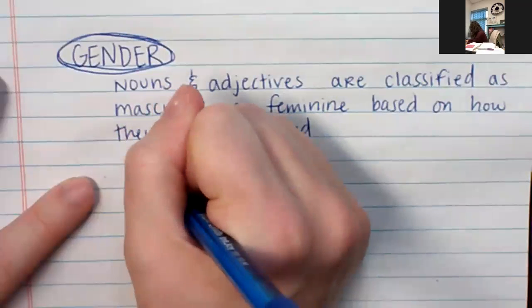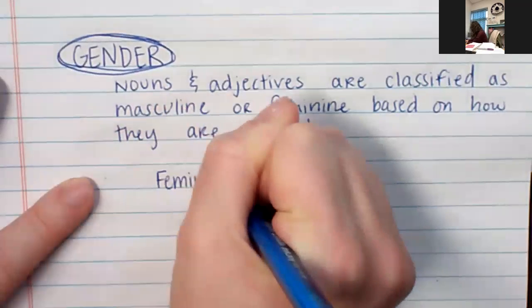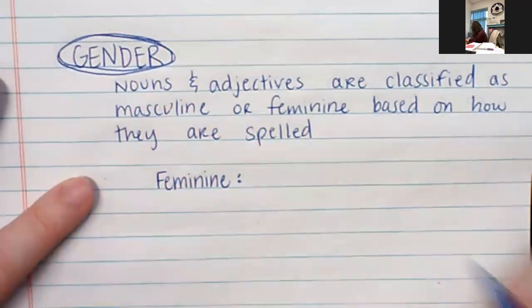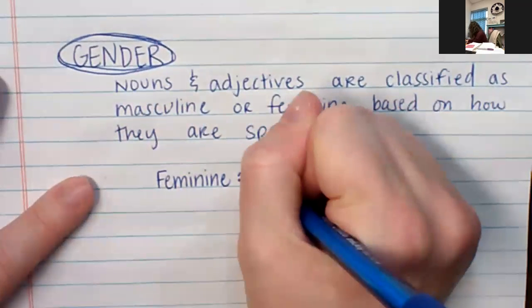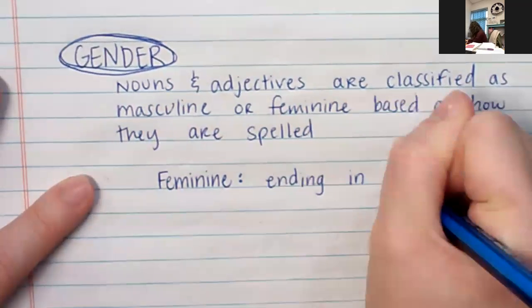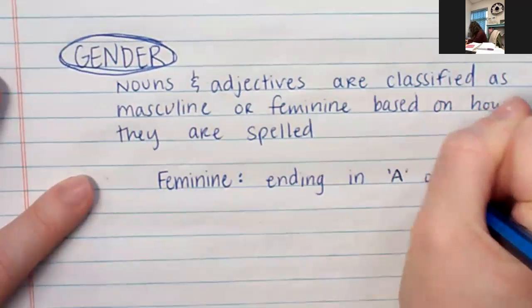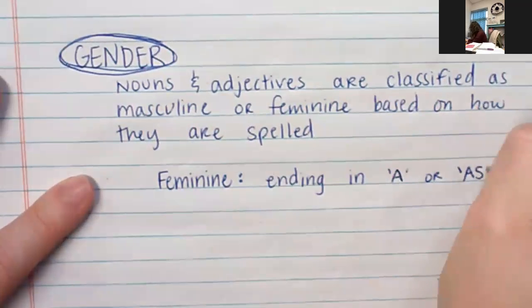So, feminine. How to tell if a word is feminine. The two general things to look for: ending in A or AS.